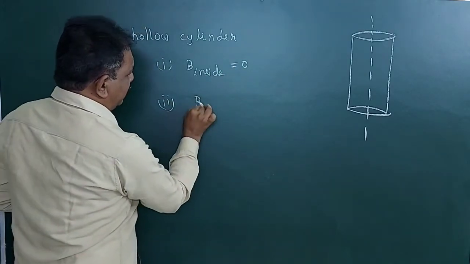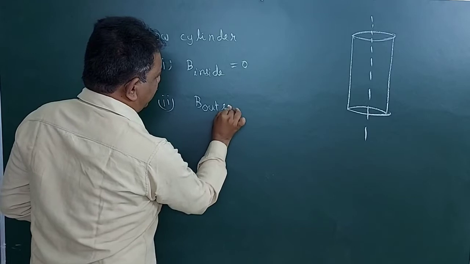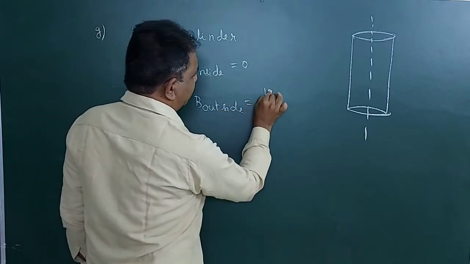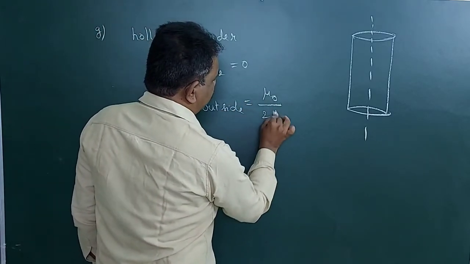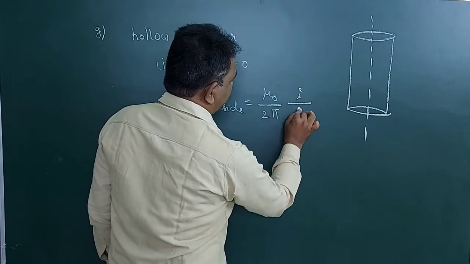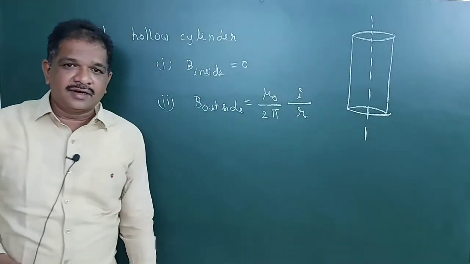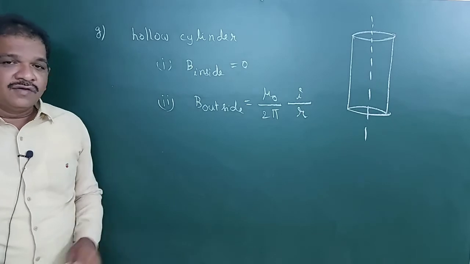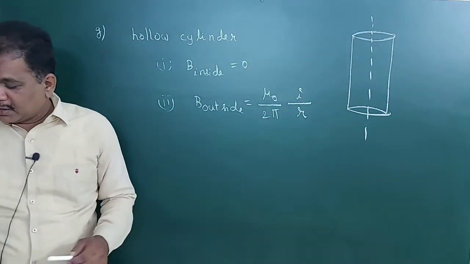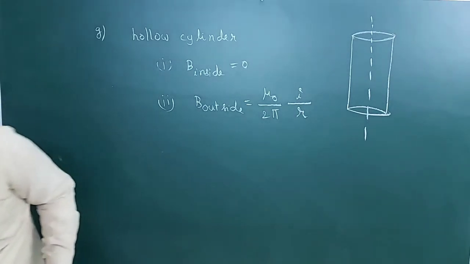If the point is outside, the same infinite long wire formula, mu naught by 2 pi I by r. Okay, these are the formulas for hollow cylinder and solid cylinder.